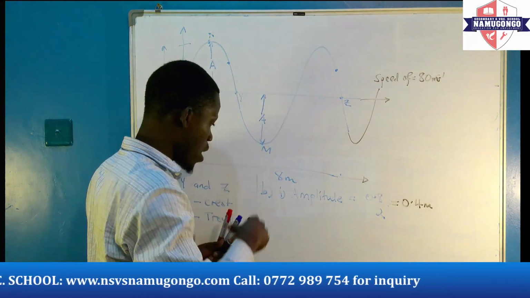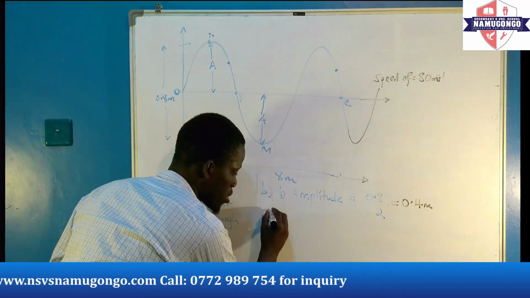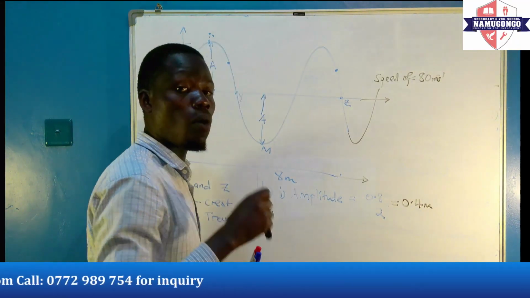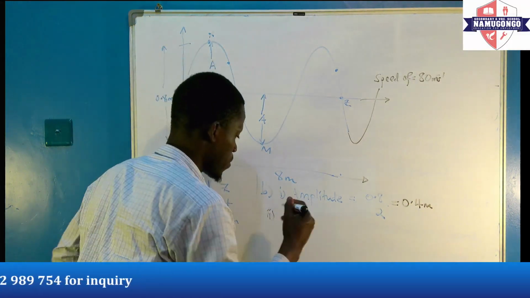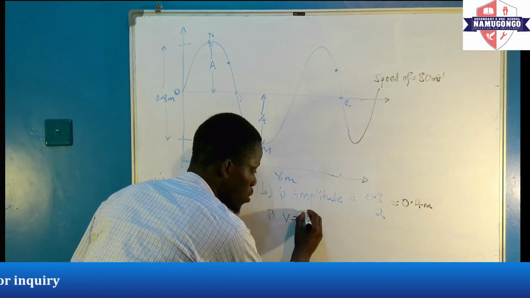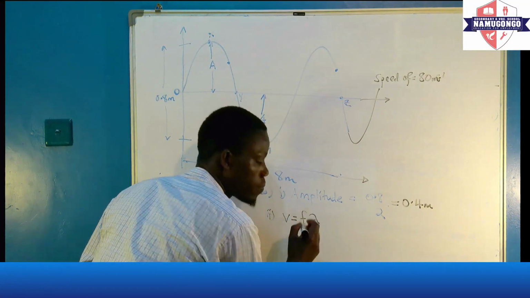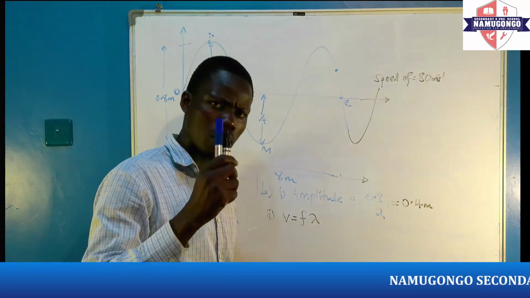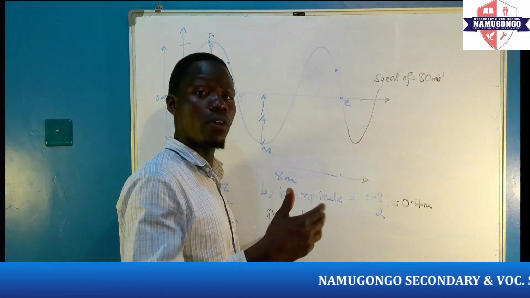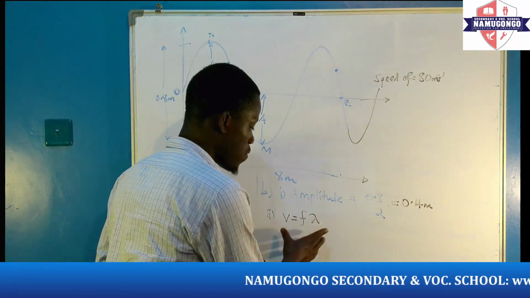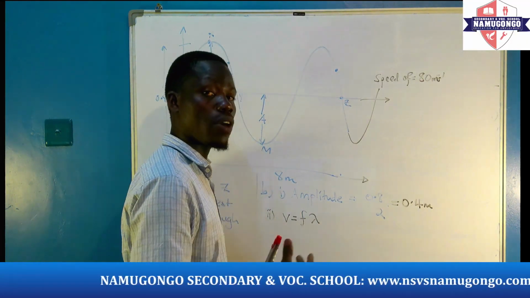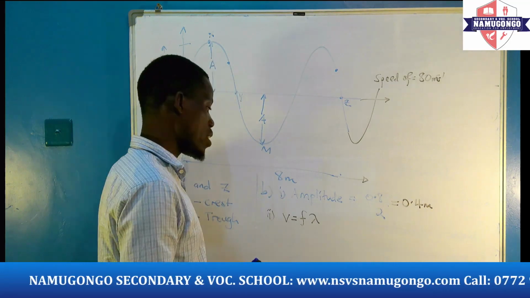We recall that we said frequency can be got from the wave equation. Our wave equation was V is equal to frequency times the wavelength. Take note, always look for the given things in the question. Do we have V? Do we have F? And what do they need?